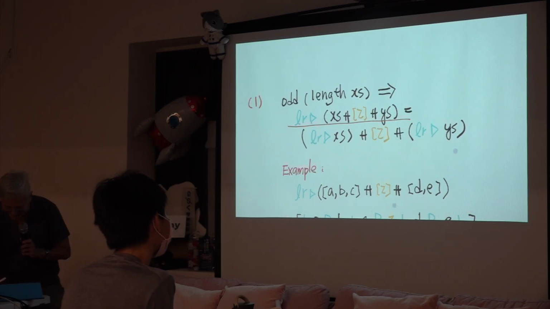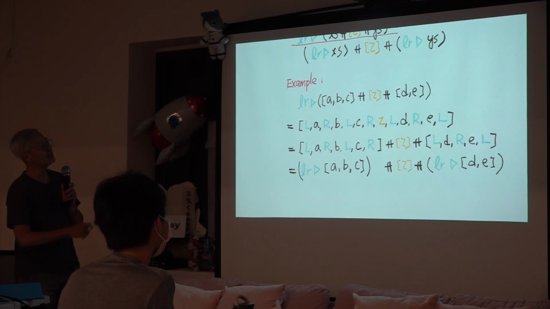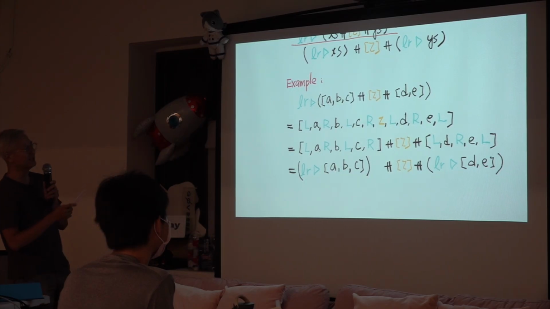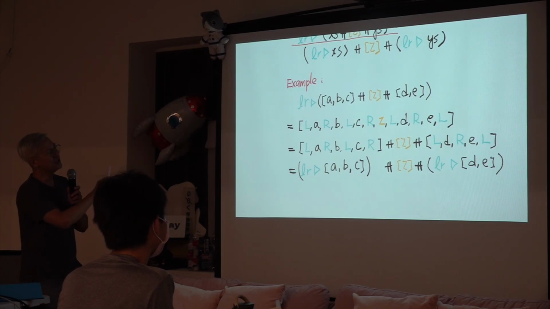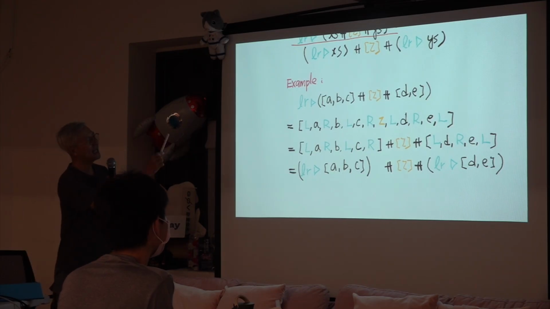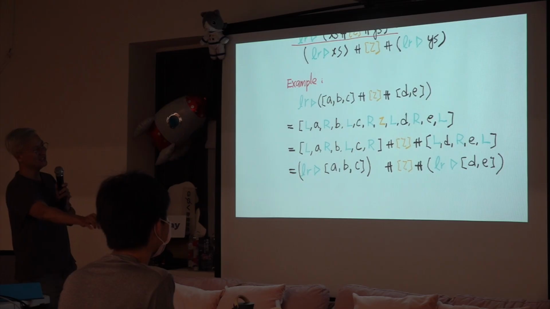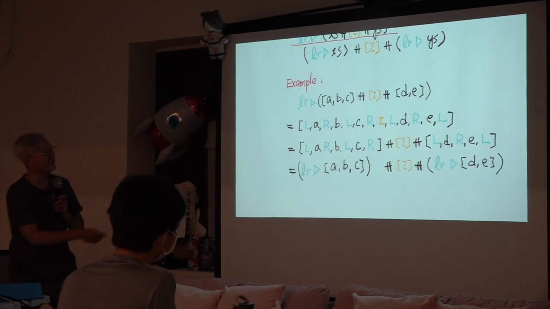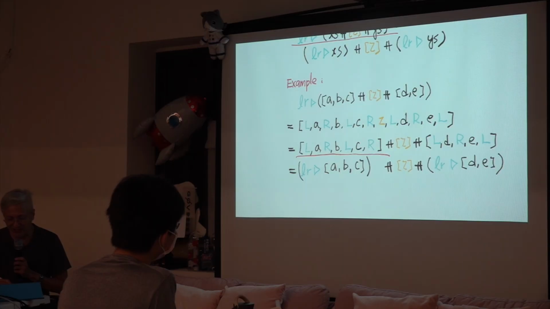Let's see an example. Assuming that xs is ABC, ys is BE, and z is the yellow thing in the middle. If we just do the distribution, what do we get? We get ABC, Z, BE with LR interleave. We take it apart, disassemble it into three lists. Indeed, this one is LR interleave ABC, and this one is LR interleave BE.